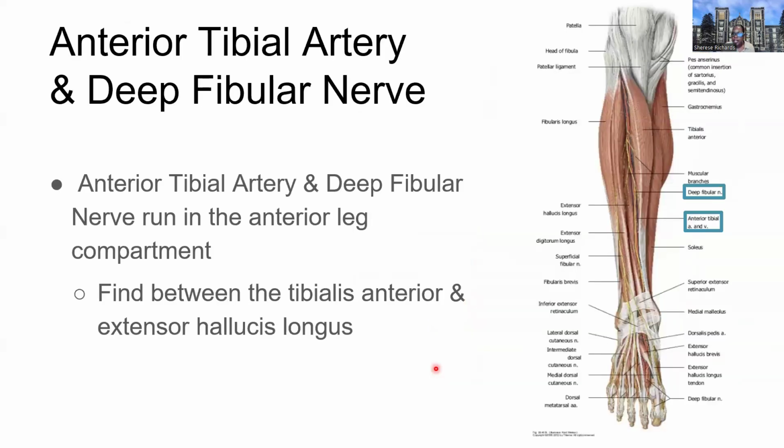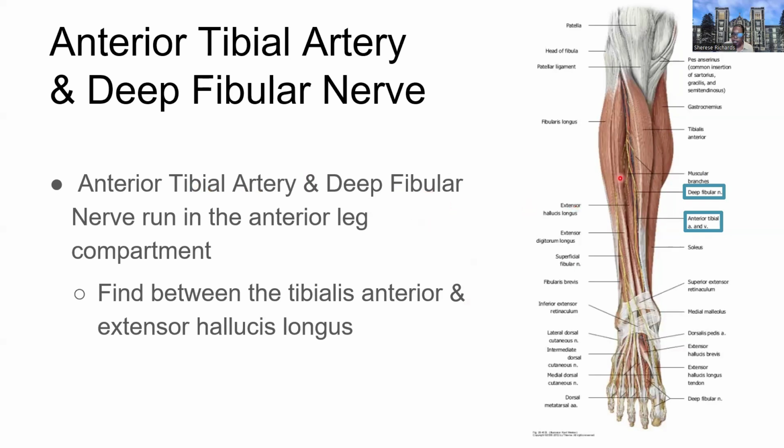In terms of the neurovascular structures of the anterior compartment, we have the anterior tibial artery and the deep fibular nerve. Now we will speak about the branches that give off these, the artery and nerve, when you look at that schematic overall.